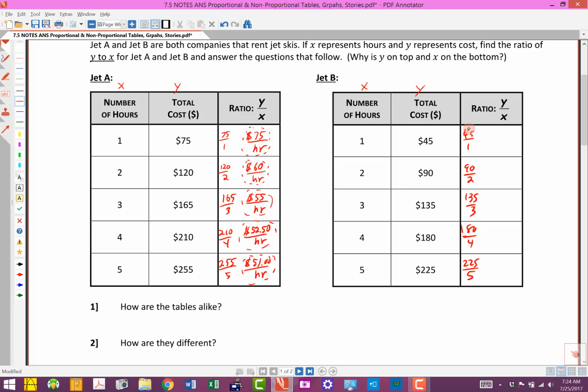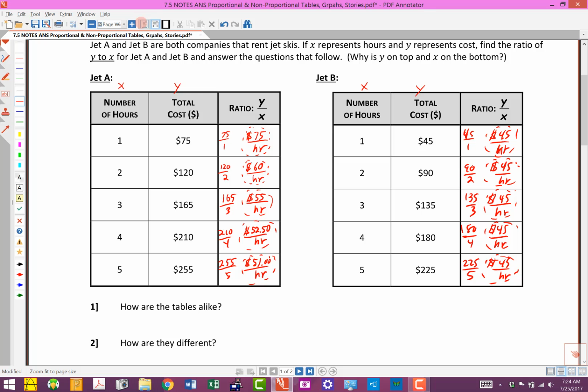So if I do this division, 45 over 1, of course, is $45 per hour. 90 over 2 turns out to be, once you reduce that, $45 per hour. 135 over 3, throw that into a calculator if you need to, but you get $45 per hour. And in fact, for each one of these, it works out to be $45 per hour. So I'm just going to go ahead and fill out each one of these. And again, if you need to verify that on a calculator, go right ahead. Alright, so we've got those filled out.